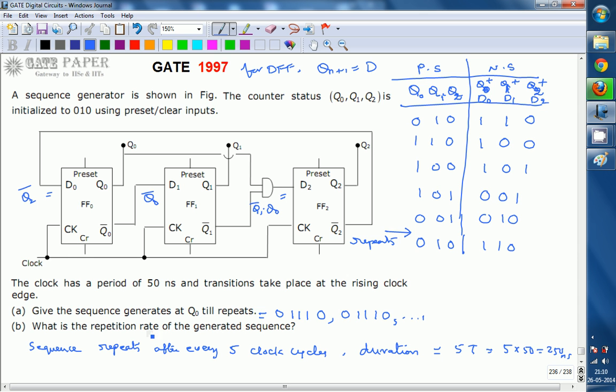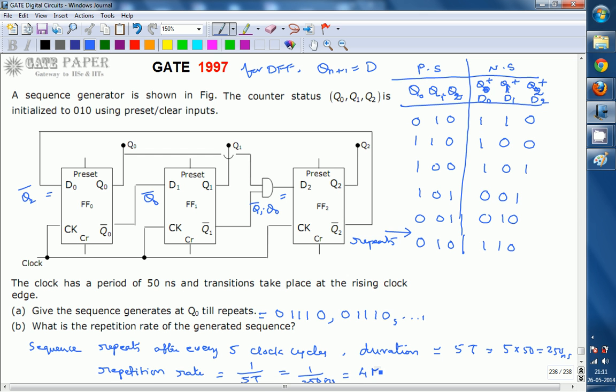The repetition rate is 1 by 5T, which is 1 by 250 nanoseconds, which implies 4 megahertz.